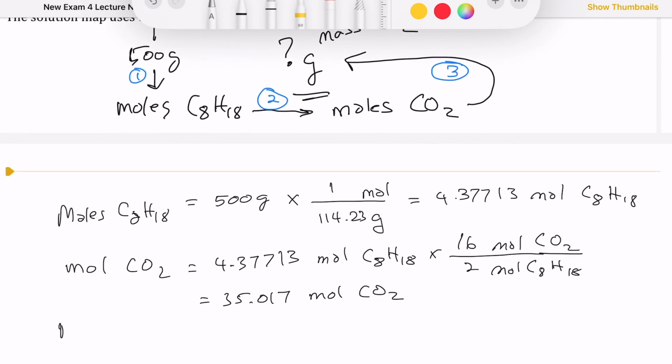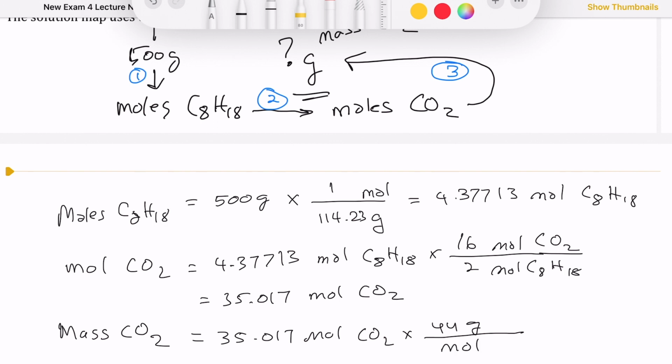Step 2 is done. Now the last step, step 3: I have to calculate how much CO2 I actually get in units of grams, that is, the mass of CO2. So I take my 35.017 moles of CO2 and multiply it by the molar mass of CO2, which is about 44 grams per mole.